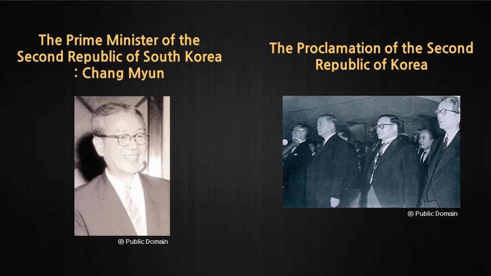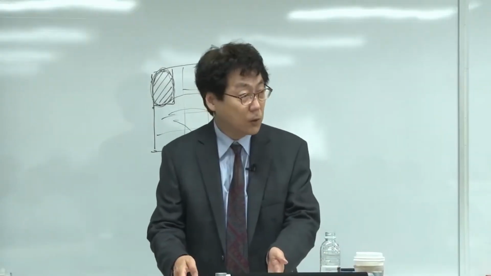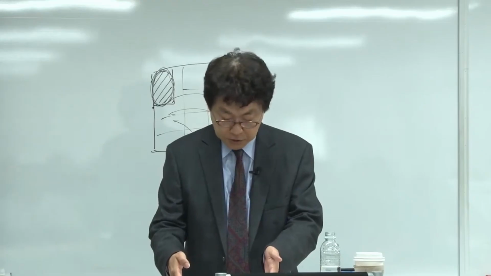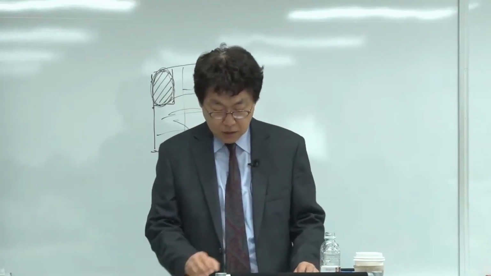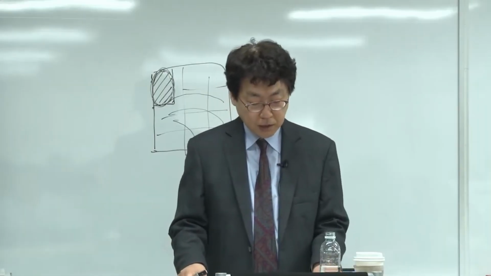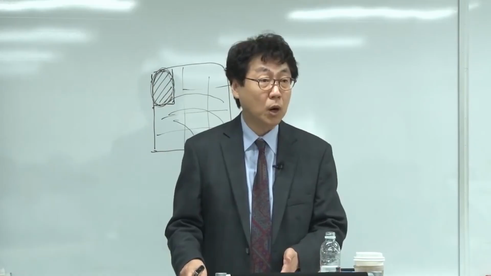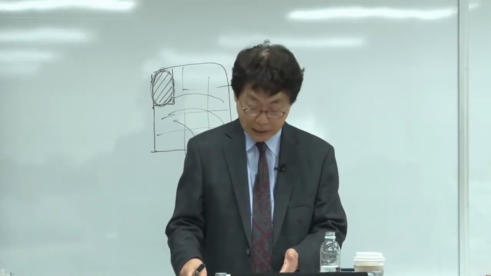So we had the parliamentary system of government for about 10 months, headed by someone called 장면. So we really don't have a long history of parliamentary system. So we really didn't have a chance to see if that sort of system would work well in Korea or not.